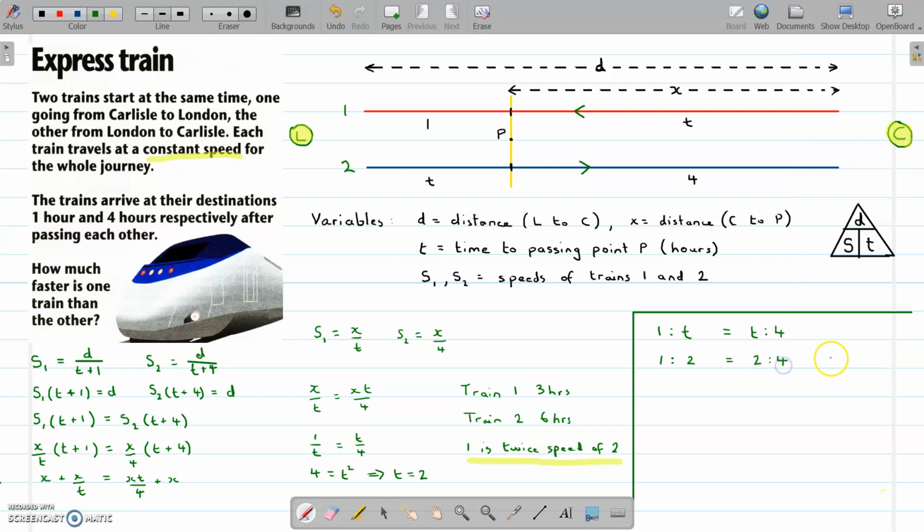And I think you'll find that argument is quite secure, because it's based on a very visual representation where we can see the boundary, if you like, between the ratios where the two trains pass. So 1 to t has to equal t to 4. So it's 1 to 2 and 2 to 4, because that's the only value of t that would cause those two ratios to be equal.